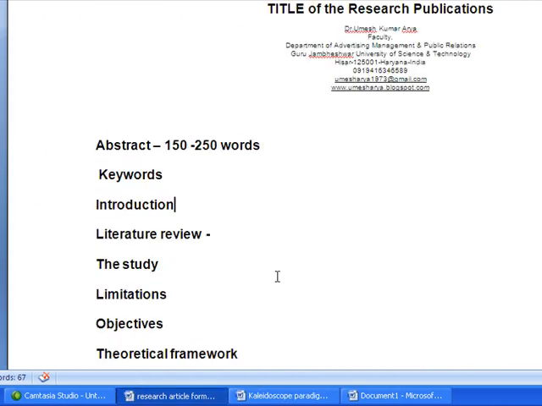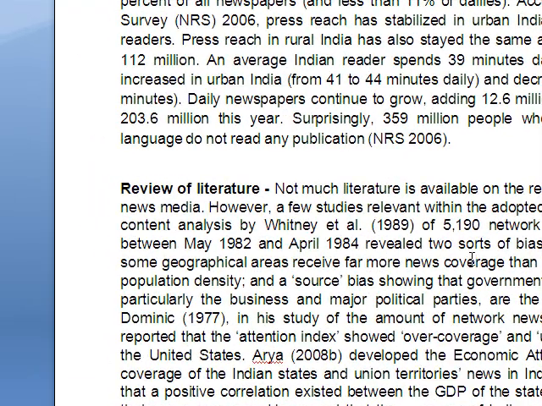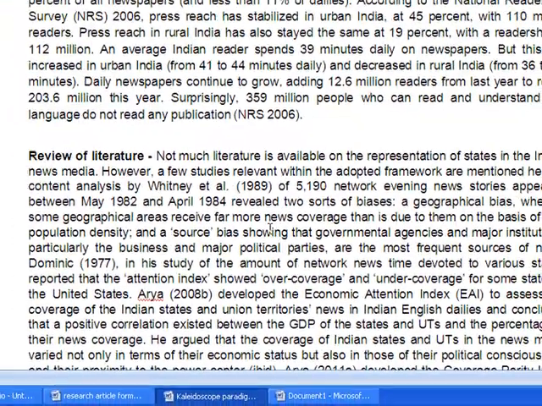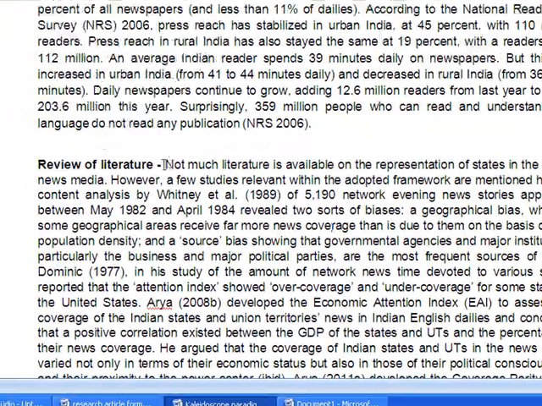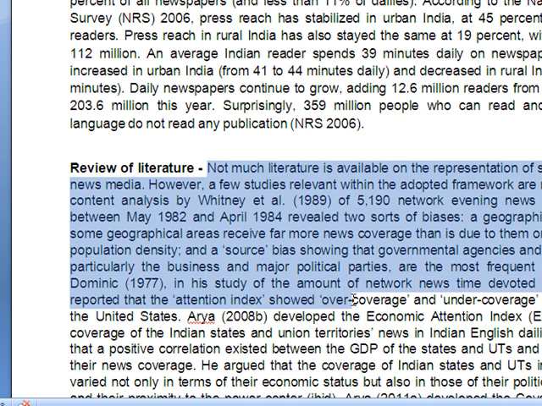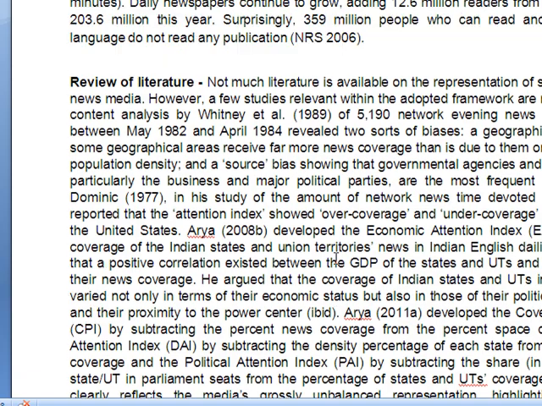Then comes your literature review. As you know, literature review is the review of the material which has already been published on the given area of your research, so that you can come to a broad understanding about your topic and you don't select objectives which are already covered by your fellow colleagues.